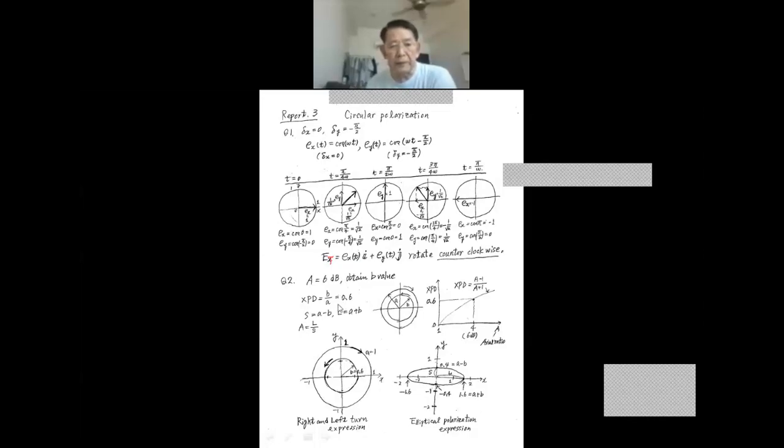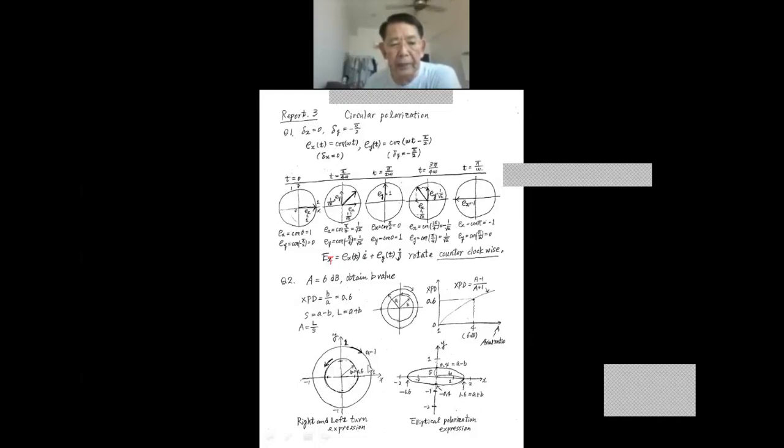So considering this value, S equals A minus B and L equals A plus B. First, from the information of cross-polarization, we can draw the right side circular wave.